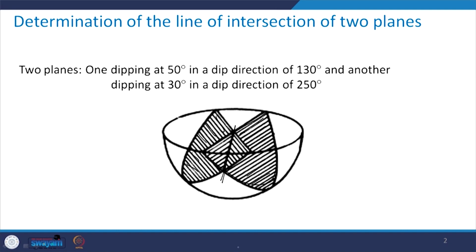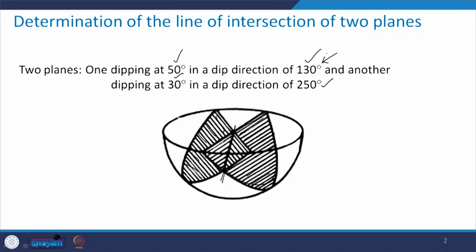So there are two planes which are given. One is dipping at 50 degree with a dip direction of 130 degree, and another one has a dip of 30 degree and a dip direction of 250 degree. The first plane, dipping at 50 degree in a dip direction of 130 degree, we have already seen in the previous class.